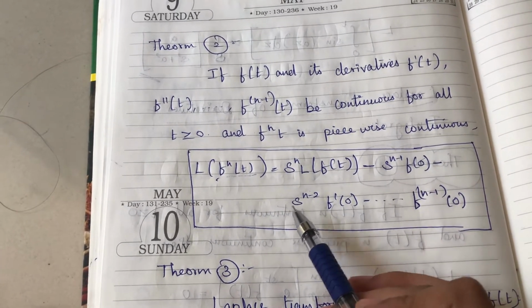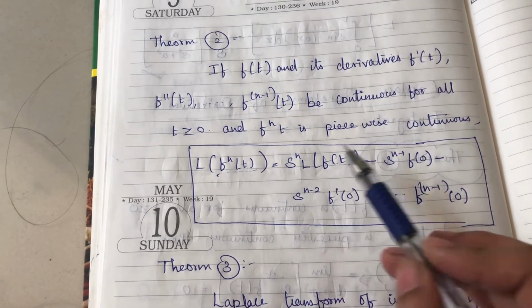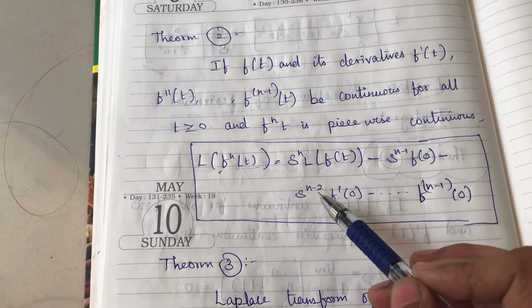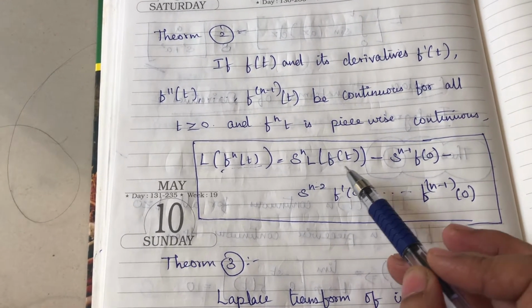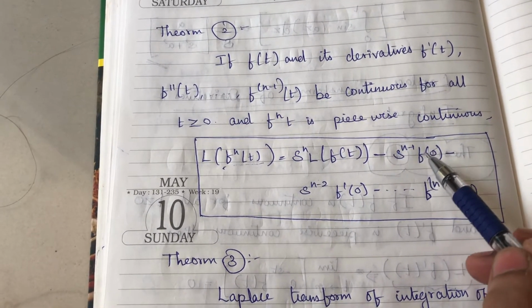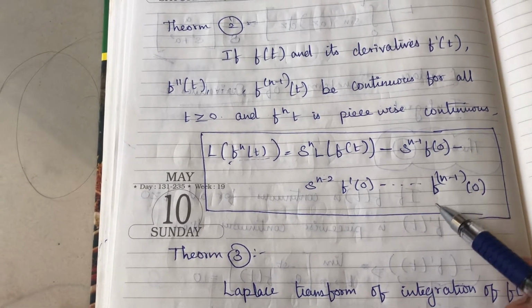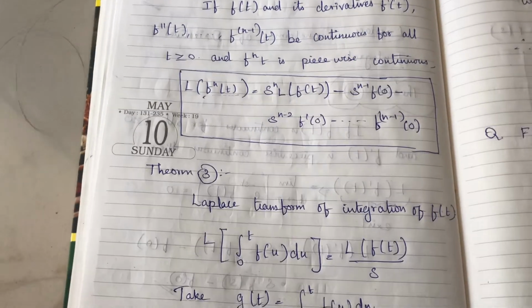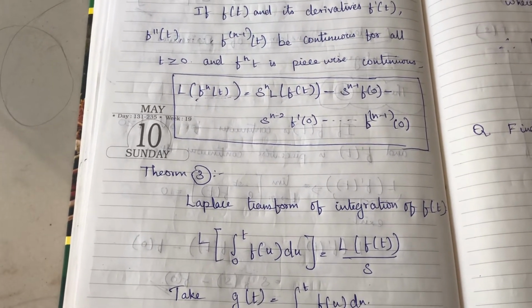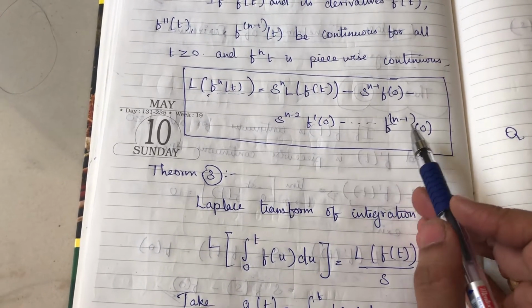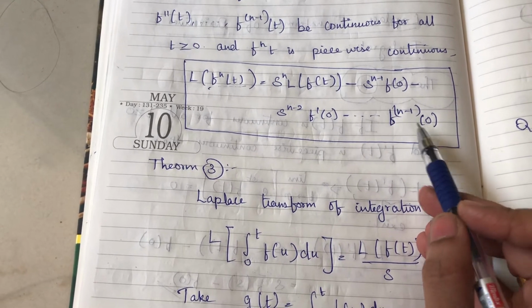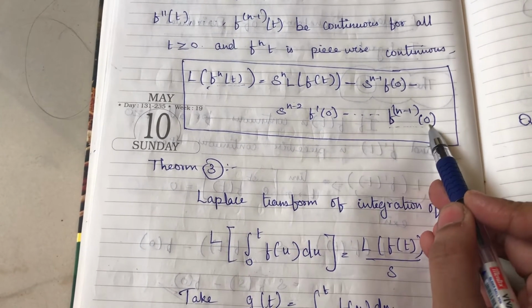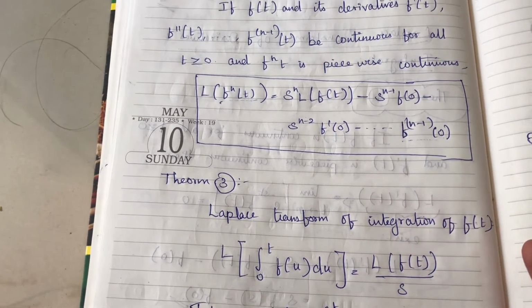Again minus s per n minus 2, so n minus 1, n minus 2. The first term is L of f of t. After that f of 0, f dash of 0, up to f per n minus 1 of 0. So this is the function f of 0. Okay, the power is n minus 1.